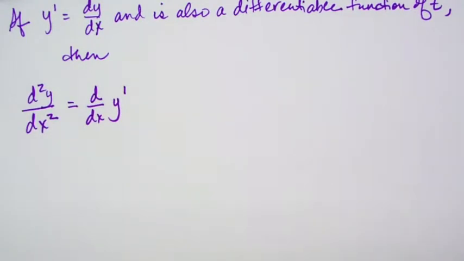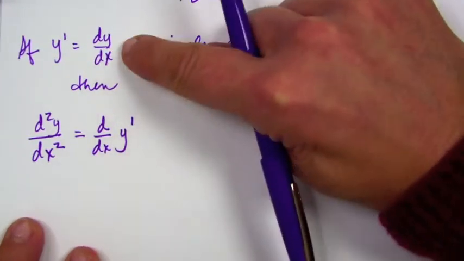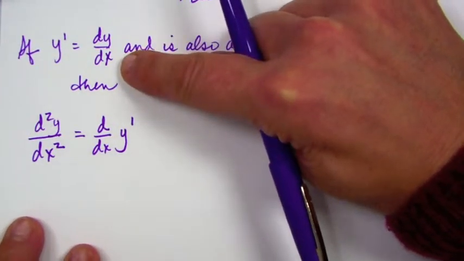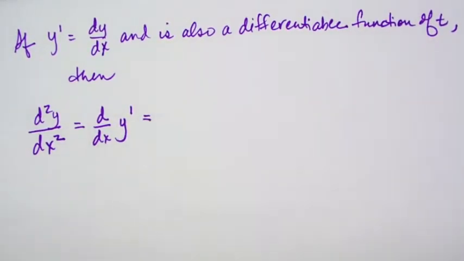equals that, does it not? The derivative with respect to x of y prime. That's just another way of writing it. It's the derivative of dy/dx.